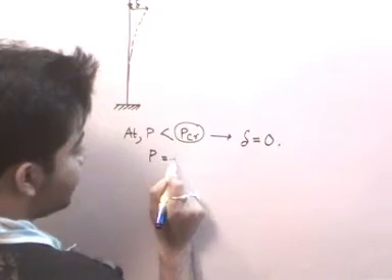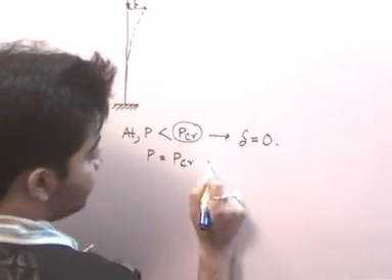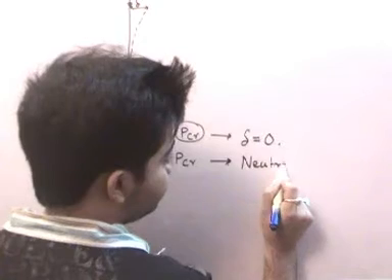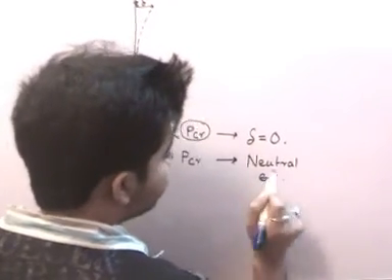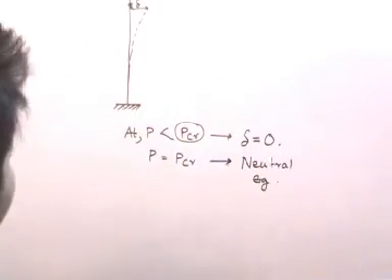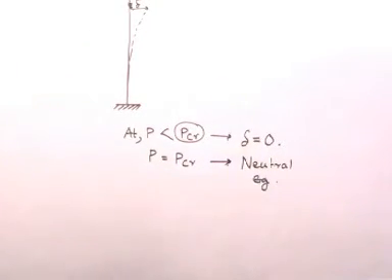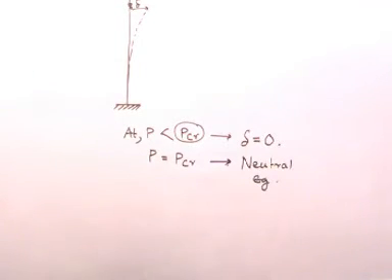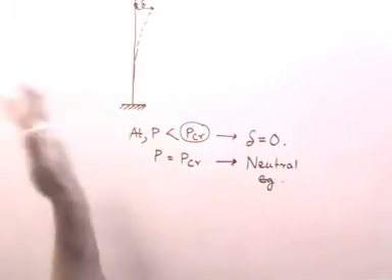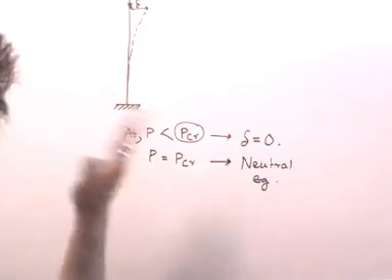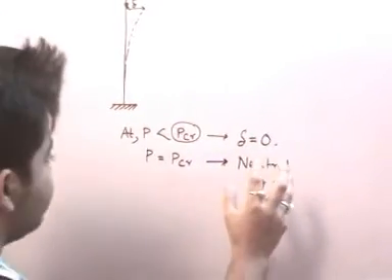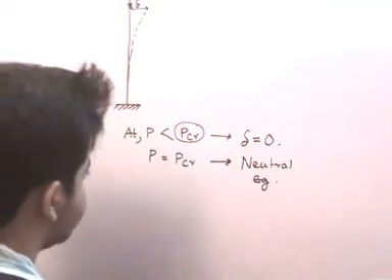Now when P is equal to PCR, it's a case of neutral equilibrium. If I give it a lateral deflection delta, and P is equal to PCR, then the column does not revert to its original position, nor does it bend indefinitely. The column just stays there, and this position is called the neutral equilibrium position.